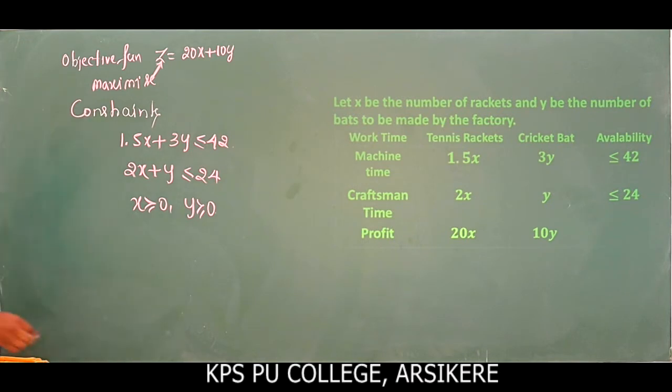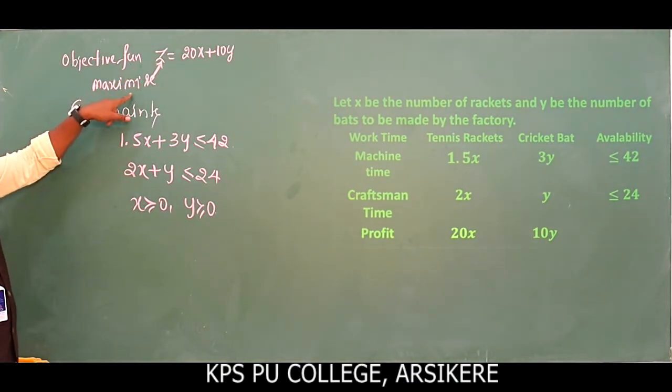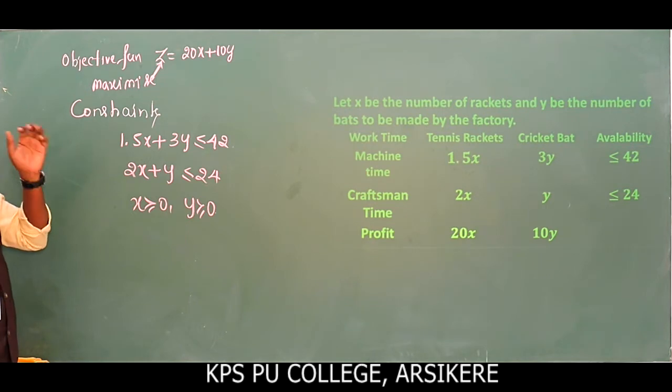They are non-negative constraints. Is it clear? Okay. So these are the constraints and this is our objective function. Here we need to maximize the profit.